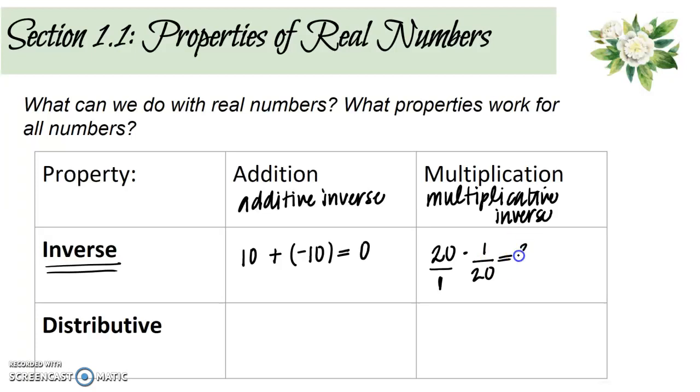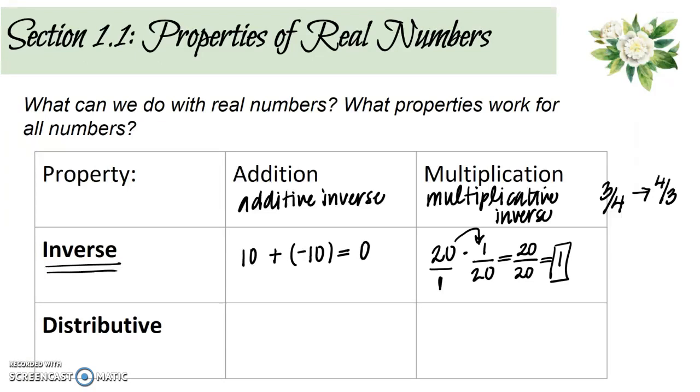There we go. I'm going to end up with 20 over 20, which is equal to 1. So anytime I'm dealing with a multiplicative inverse, I'm really just flipping my fraction upside down. So if you see something like 3/4, that multiplicative inverse is just going to be 4/3. We're flipping the fraction over. So a little bit different between adding an inverse, so what that looks like, and a multiplying inverse over here.